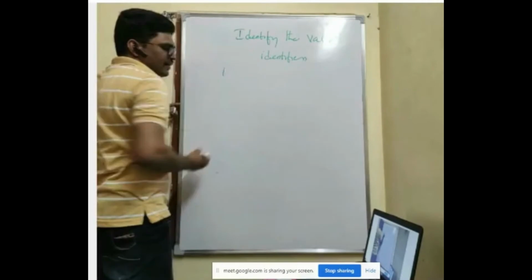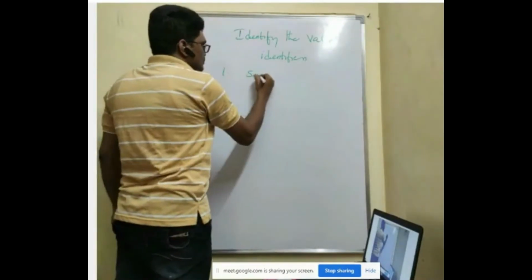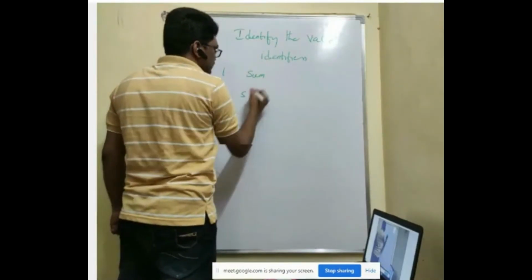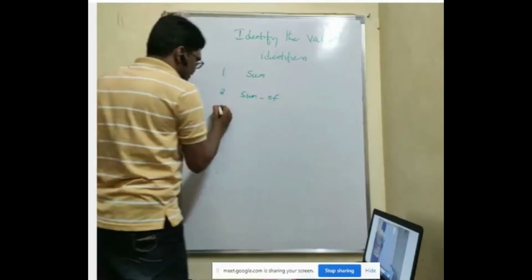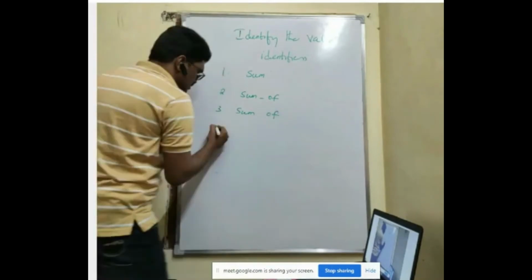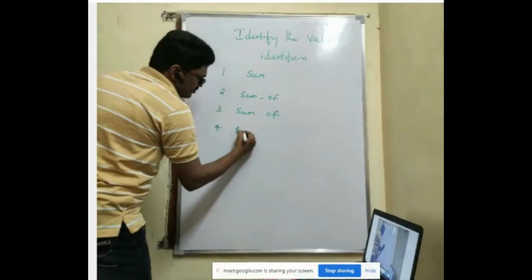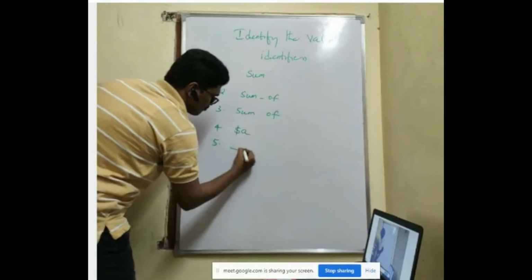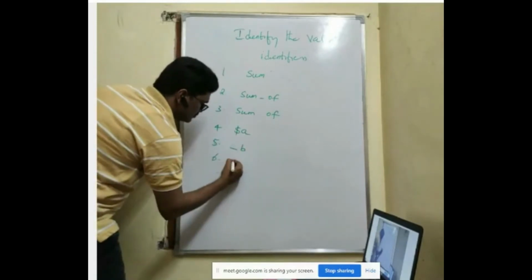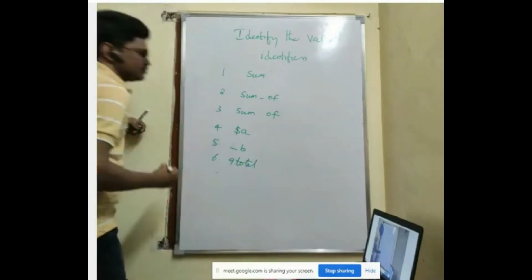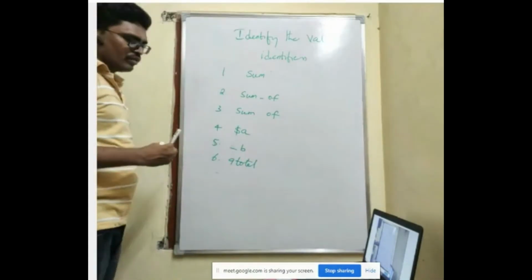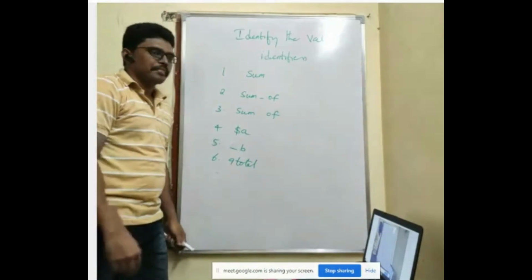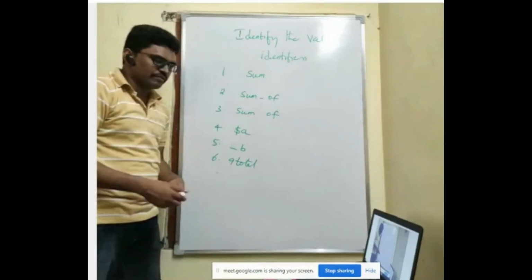Option A, I'll write sum... of... So from this, tell me which are the valid identifiers.